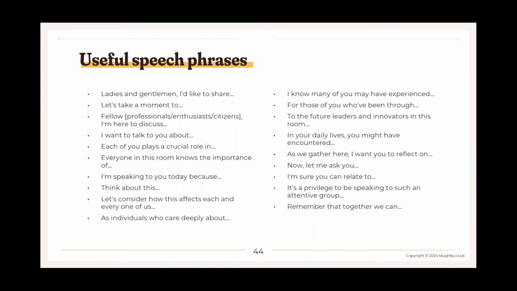As individuals who care deeply about, I know many of you may have experienced. For those of you who've been through, to the future leaders and innovators in this room, in your daily lives you might have encountered. As we gather here, I want you to reflect on. Now let me ask you, I'm sure you can relate to. It's a privilege to be speaking to such an attentive group. Remember that together we can. So a common theme here is lots of you and lots of us, right? So you see that the whole way through these speeches.